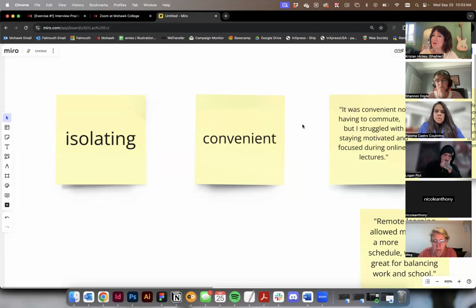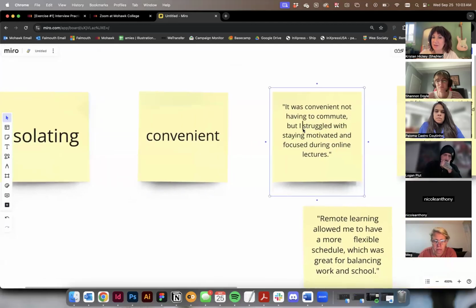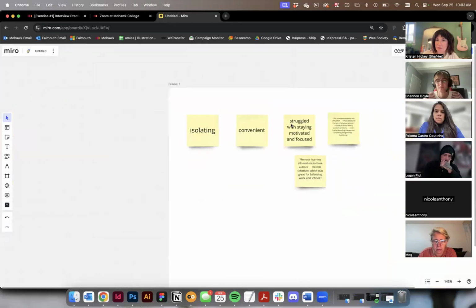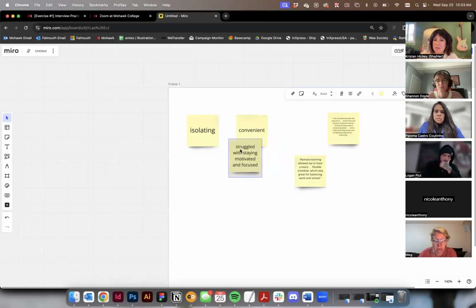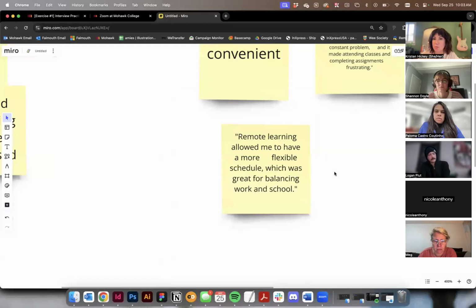A plus is that it was convenient, but a negative point is the struggle with staying motivated and focused. So now, what are we seeing so far? We start to see a theme of pain points, and then we start to see, oh, here's a pleasure point, a good point.